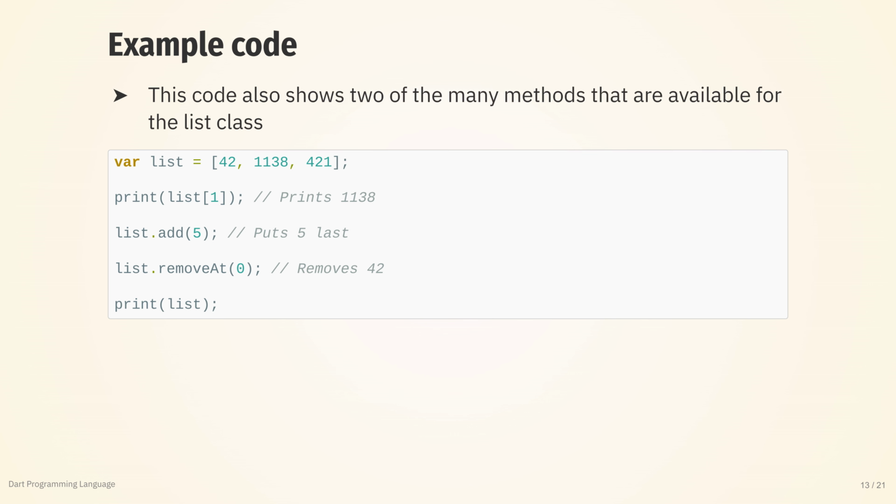So list.add 5 puts 5 last, and then we can also remove 42, which is the 0th element. So remove at 0, and we can just print the list to see the contents, as we can see on the last line there.